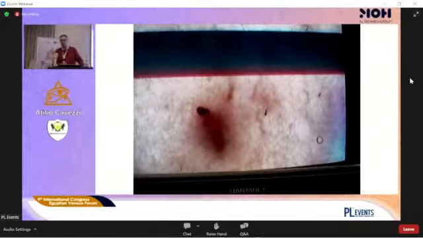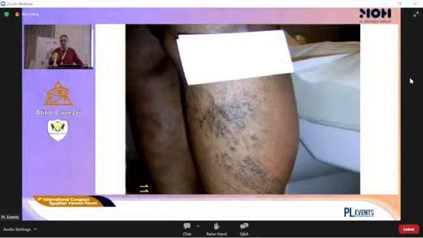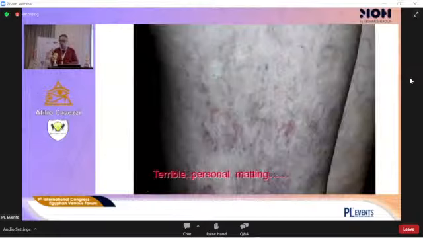These are two slides where we clearly see that we can get some necrosis with foam if the concentration is too high. So for minor varicosities, still, I would advise to use liquid drugs. Okay, we may have some cases such as this one or this one, a kind of matting, where foam sclerotherapy may have a role.